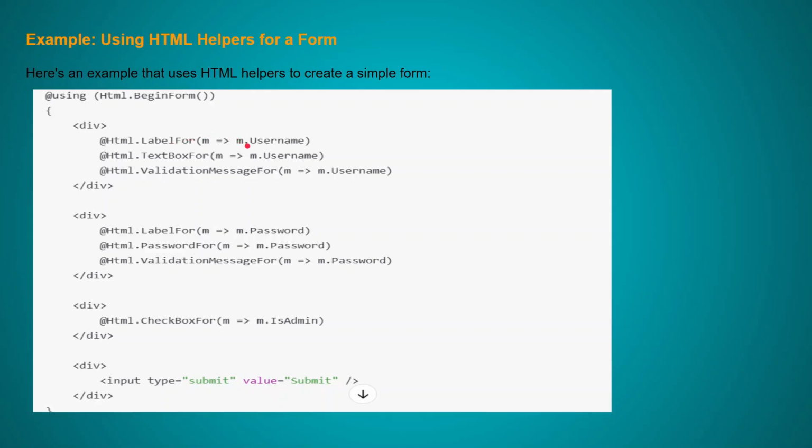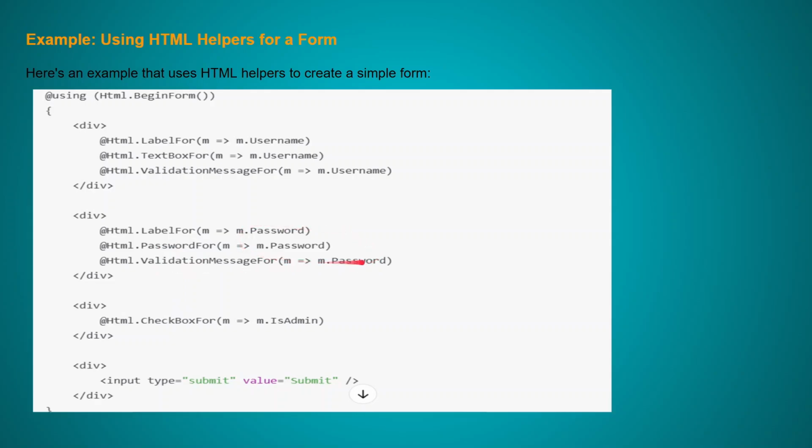This is the return type from the controller action, m.Username, TextBoxFor, and ValidationMessageFor m.Username. So all these are for m.Username, and this is for LabelFor, PasswordFor, ValidationMessageFor.